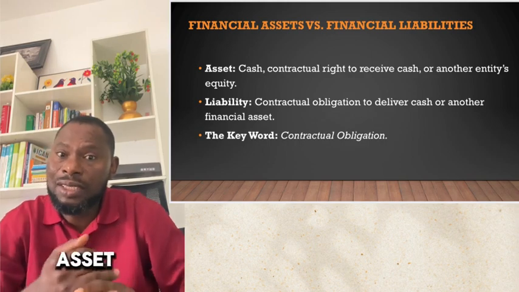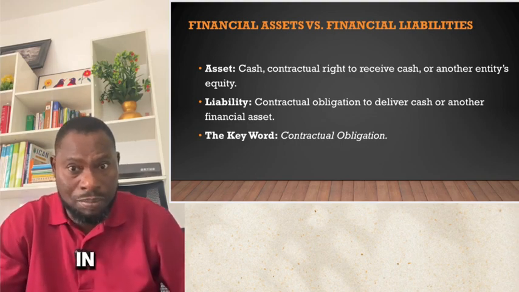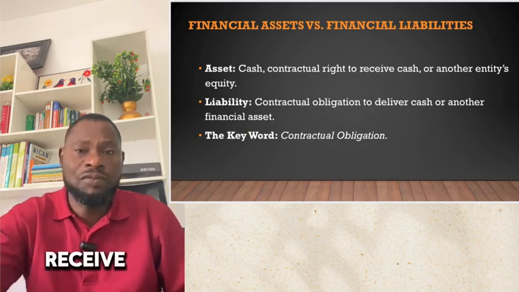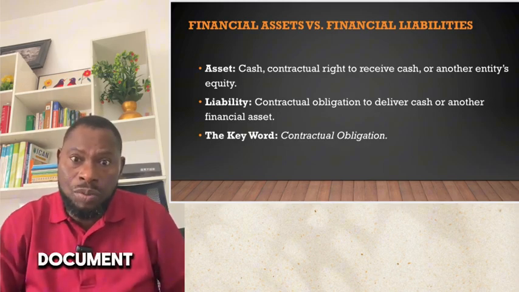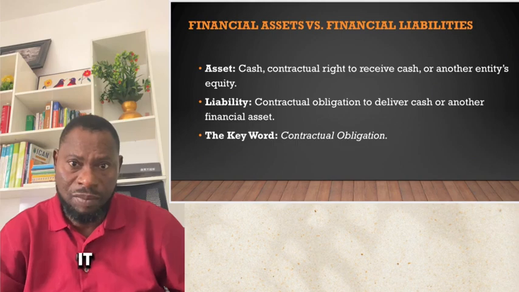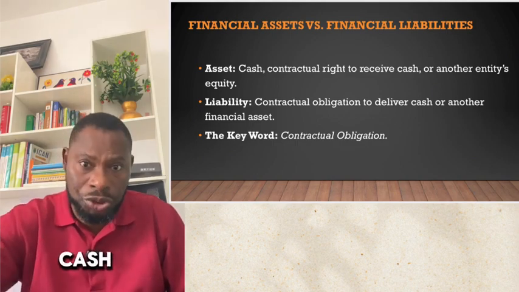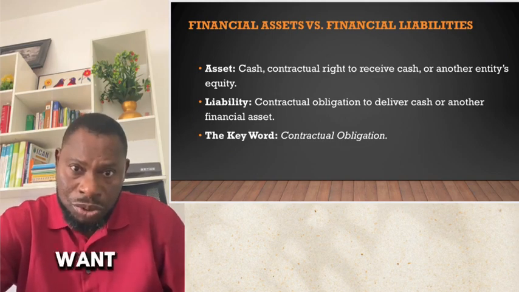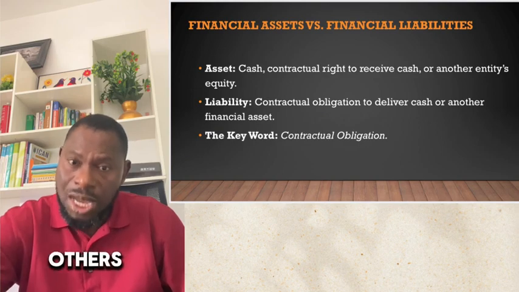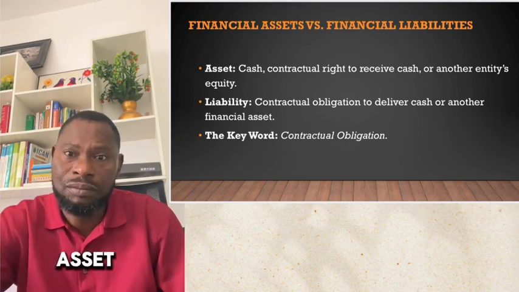A financial asset could be cash, ordinary cash, which is cash at hand or cash in the bank. Then it could be a right to receive cash. You might have a document in your hand that gives you the right to receive cash, isn't it? So once you have a contractual right to receive cash, there are so many examples of that. I want you to think of them. Maybe a check, so many others. So once you have a contractual right to receive cash, it's a financial asset.